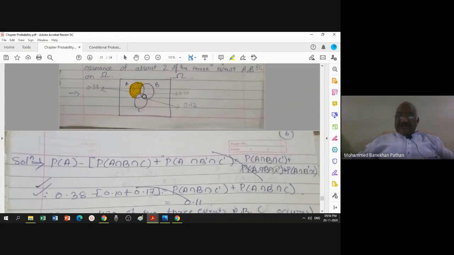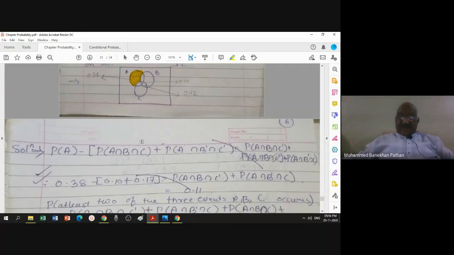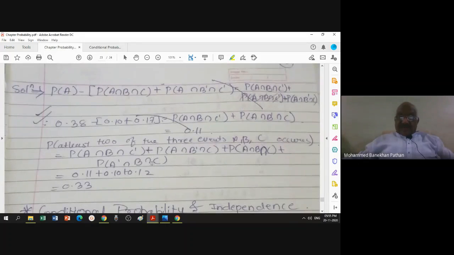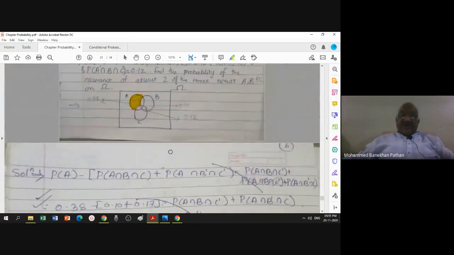What is this? It is the common part of B and C outside A. So this is 0.12. Now how is it 0.11? This is the addition of this plus this. How do you get this? It is from here.